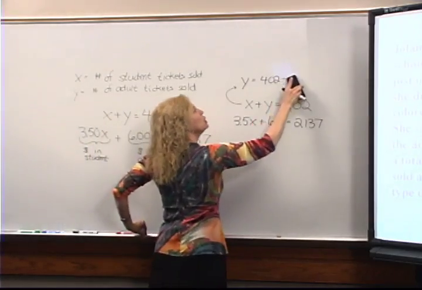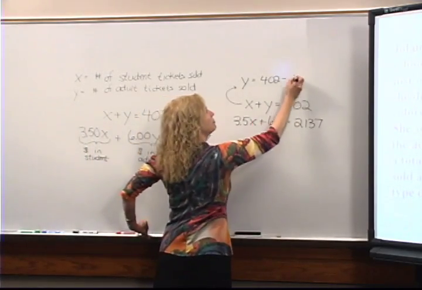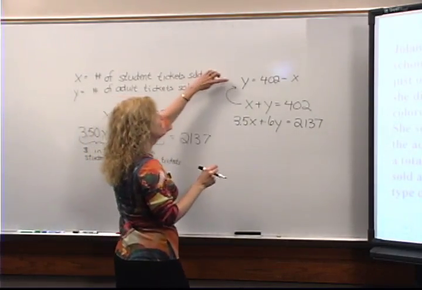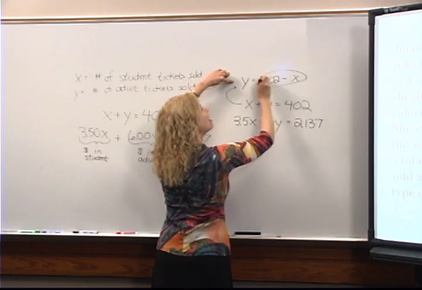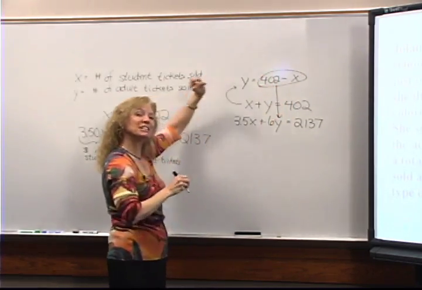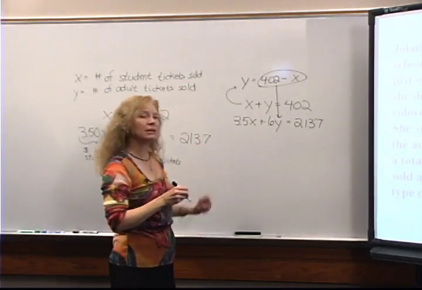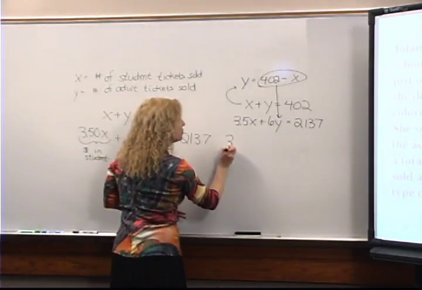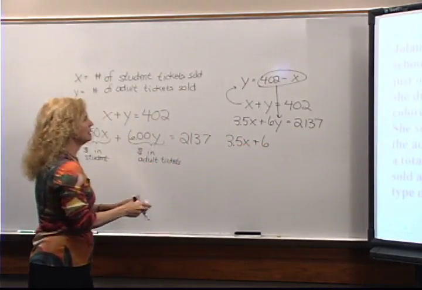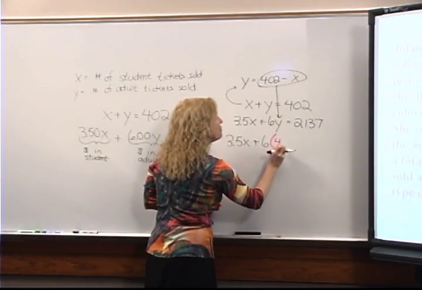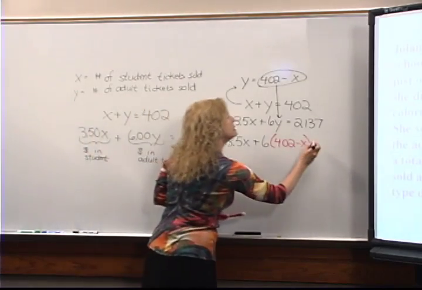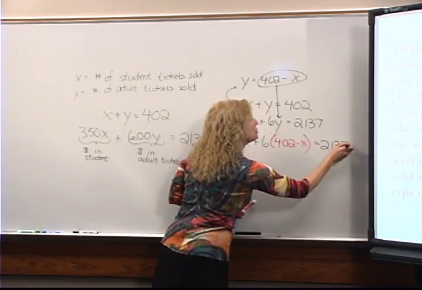Then, since this is the very same y as what is in my second equation, I can substitute in right here. So I can say 3.5x plus 6 times 402 minus x is equal to 2137.